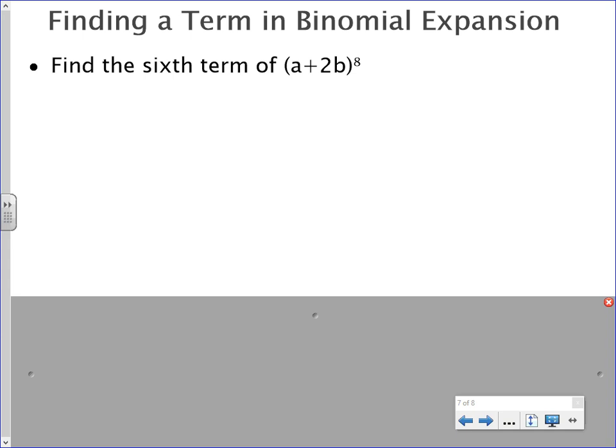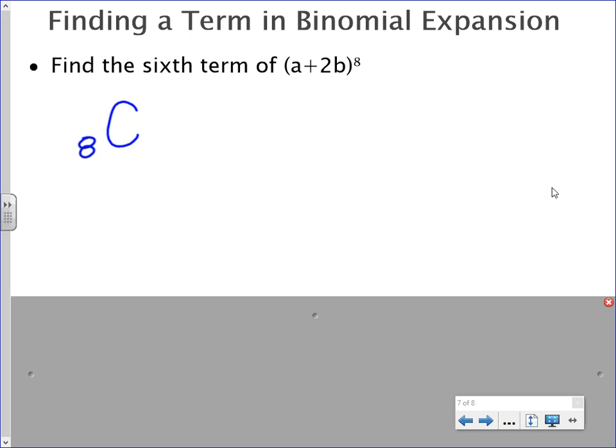Okay, so let's pick up on a pattern here. If I'm looking for the 6th term, since we have an expansion that is to the 8th power, I know I'm going to begin with 8 combinations of something. What is that something?